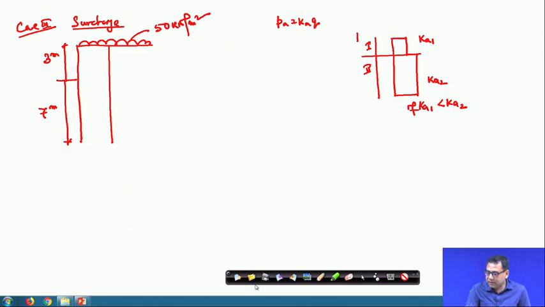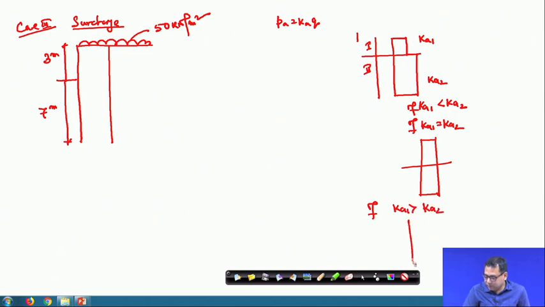If Ka1 is equal to Ka2, then this will be the distribution. And if Ka1 is greater than Ka2, then this will be the distribution.